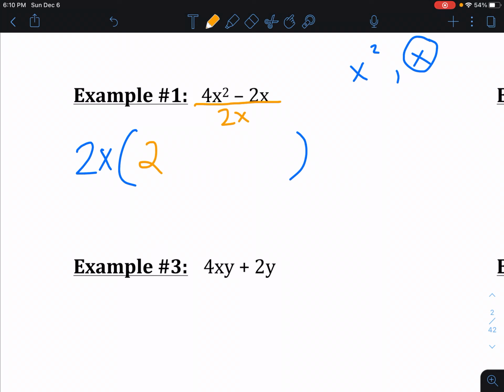So x squared is like saying x over x, and then divided by x, these x's cancel out, leaving you with x left over. So that would mean 2x. Bring down your minus sign. Now 2x divided by 2x. Remember, anything divided by itself is literally just 1. In other words, the 2 divided by 2 is 1, and the x's cancel, if you want to look at it in that way.